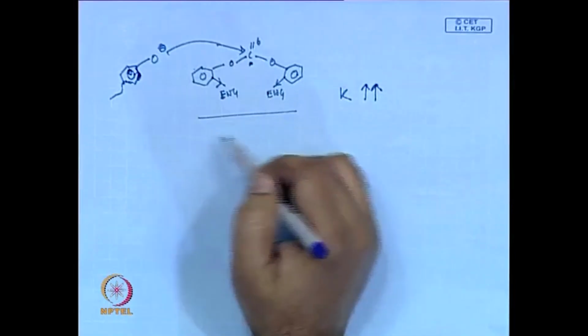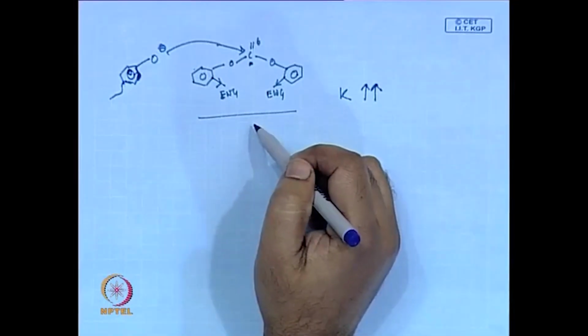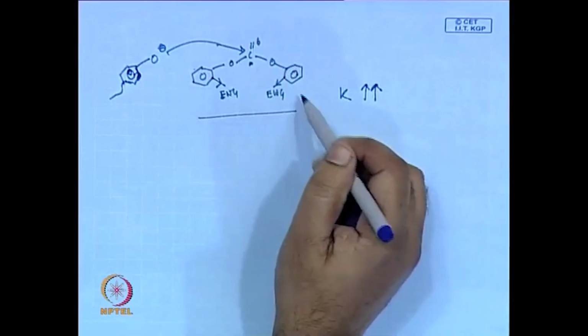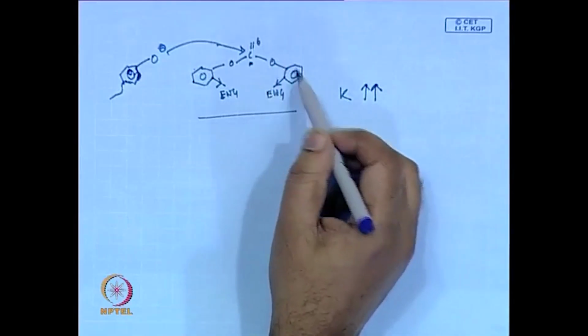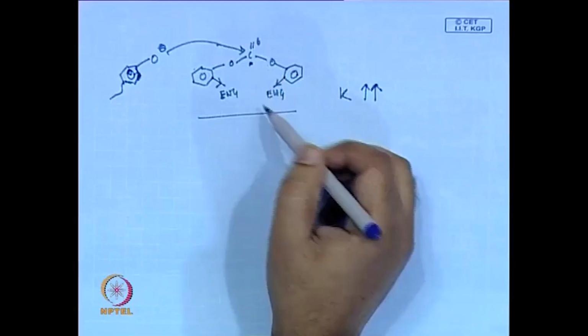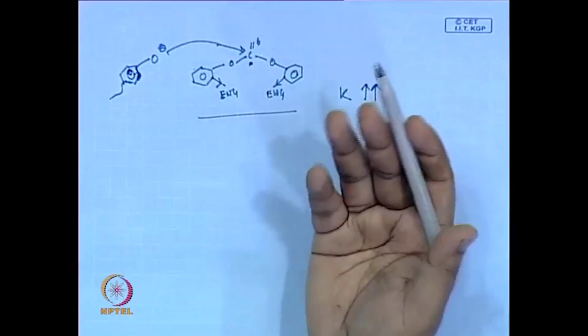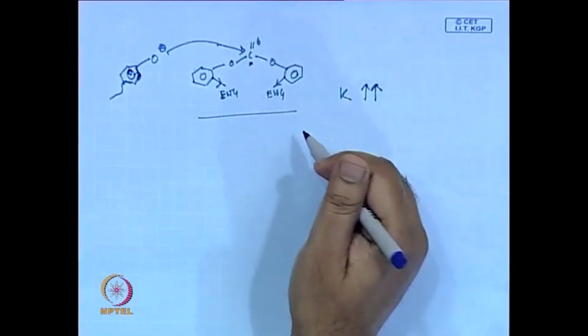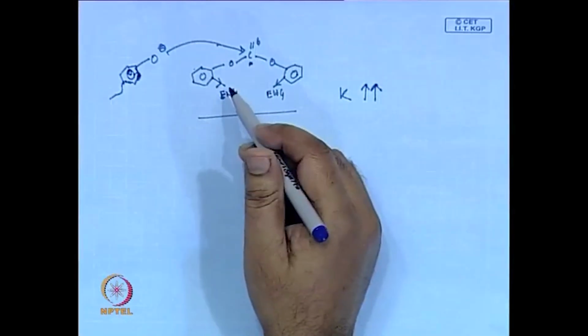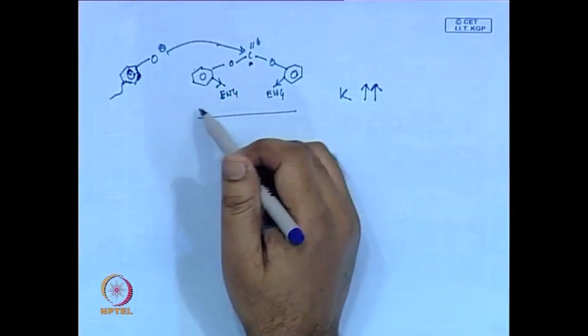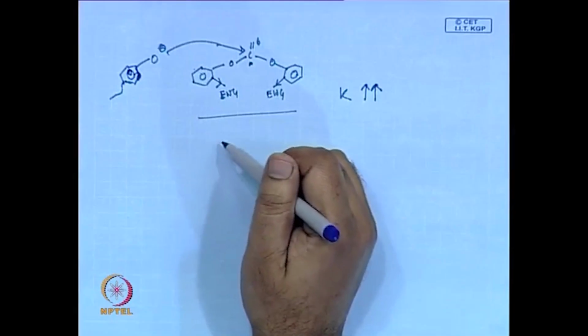So, in this case you can afford to keep this condensate at a much higher level compared to just phenol, where the reaction equilibrium constant was 1.